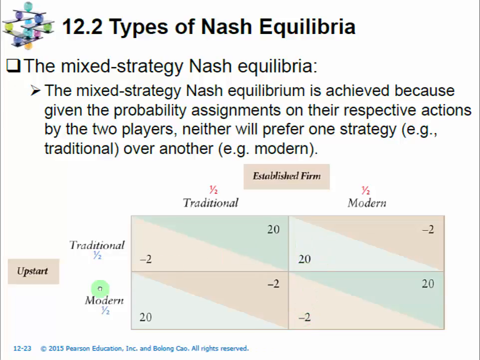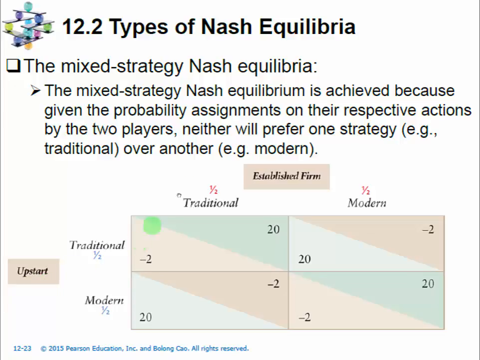So when the upstart puts a 3/4 probability in playing the modern style strategy, it will actually want to change its strategy. That means the players want to deviate from what they have chosen to do. That is not an equilibrium.